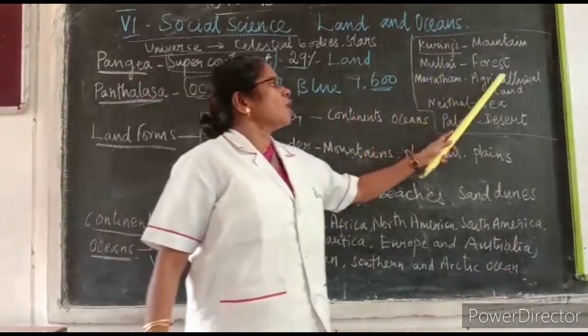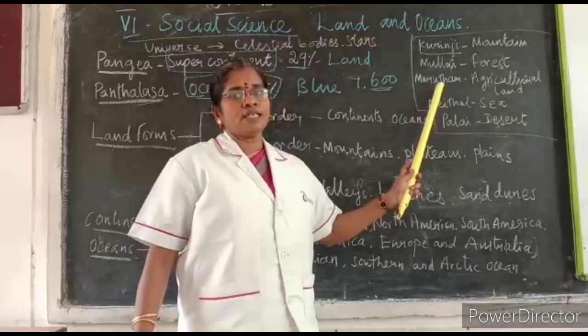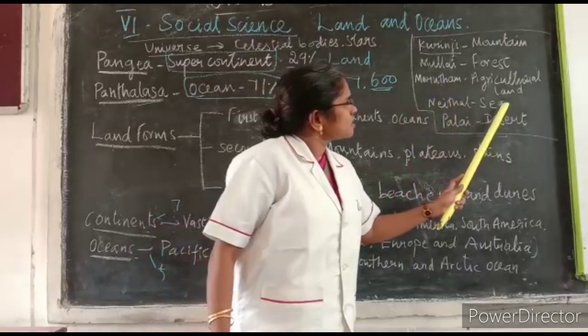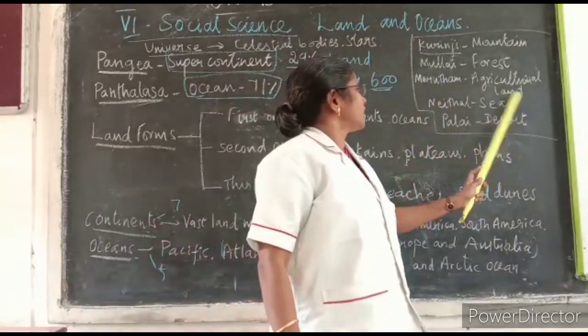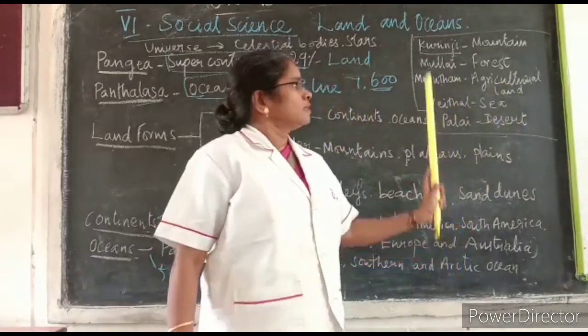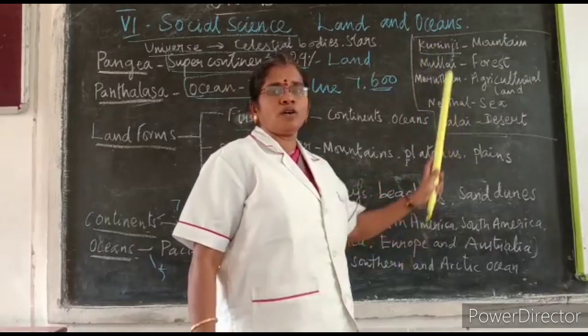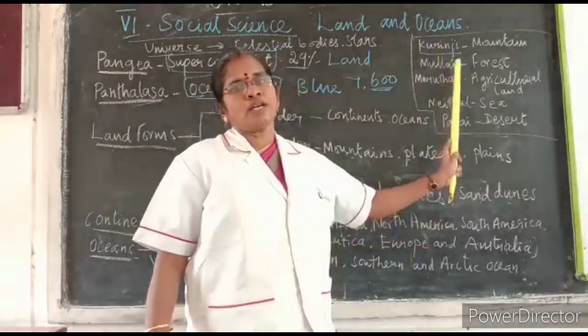Marudam means all the agricultural land. Neithal means sea area, and desert region we call Palai. Yes, so Kurinji, Mullai, Marudam, Neithal and Palai are also one classification of landform.